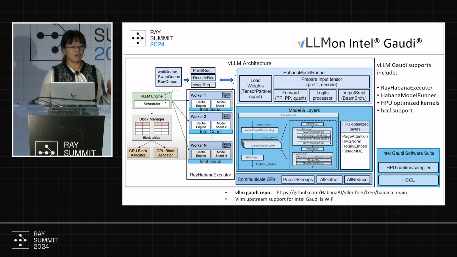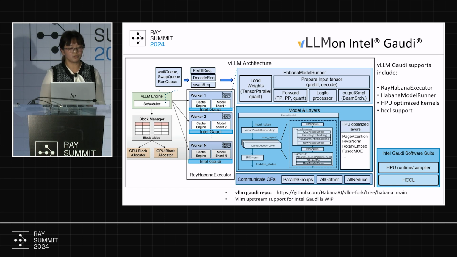The other thing I need to mention is the above part, because VLM is a very loosely coupled design. So it can support all types of accelerators, because users can provide their own model runners. There are GPU model runners, other accelerator model runners, and we also provide the Habana model runner.